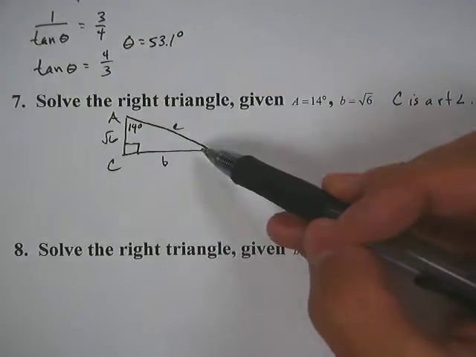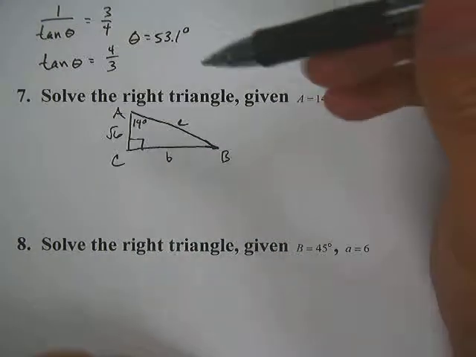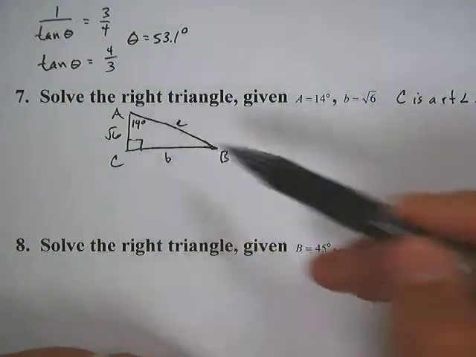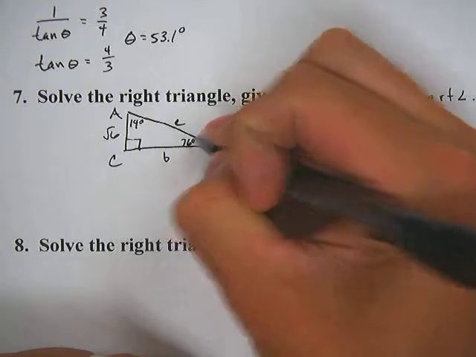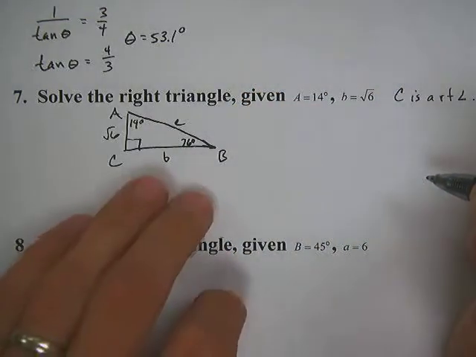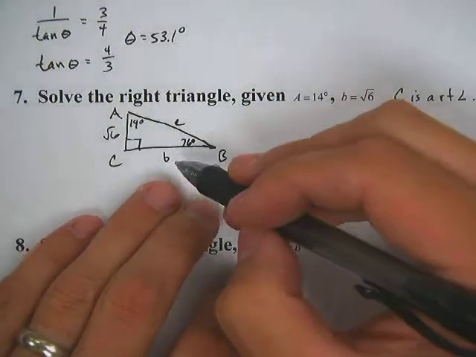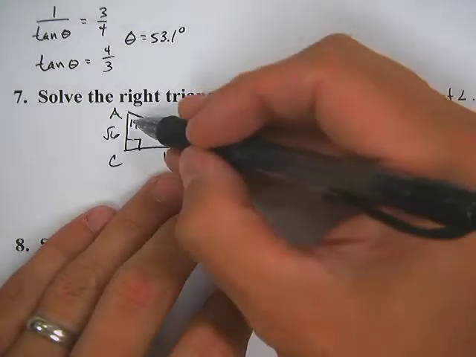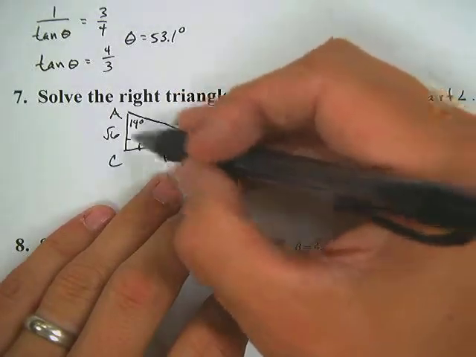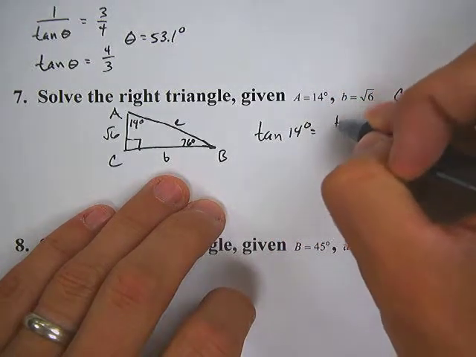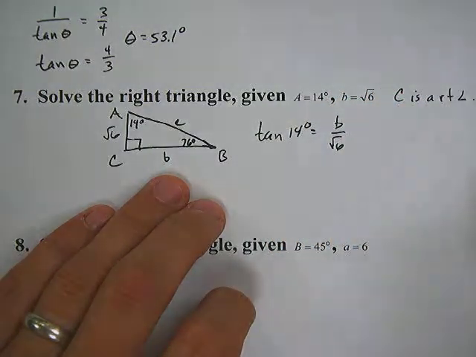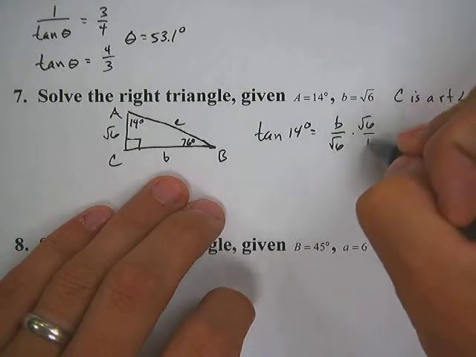So I know that that's going to have to be C. If I call that A and I call that B, so 14 degrees, got that. This is √6. So I need to figure out what C is, what B is. Before I do any of that, what I can figure out right away is what this angle is. The triangle sum theorem says that all angles in a triangle add up to 180. So this one is 76 degrees.